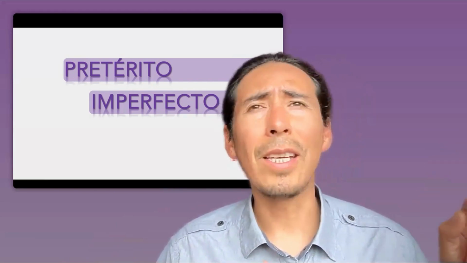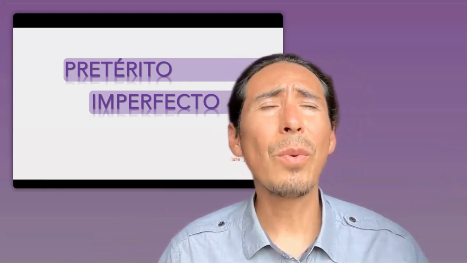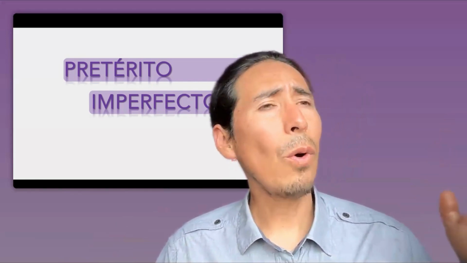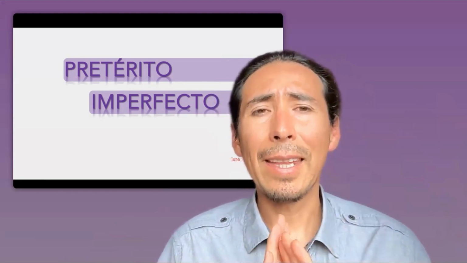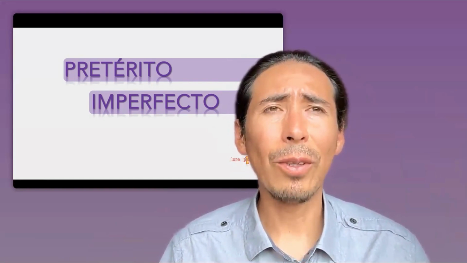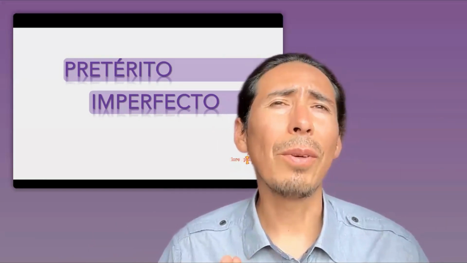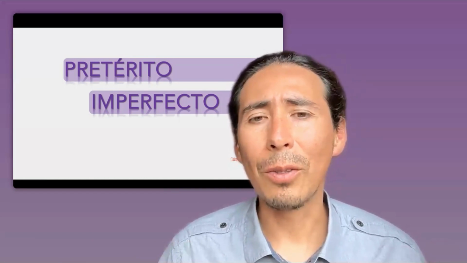So if I say, ayer me levanté a las 6 de la mañana, después desayuné, I'm going from one action to another action with the pretérito. And then with the imperfecto, with this past tense, we're going to talk about the background. If maybe I want to make a stop in my story and describe what was happening around me.